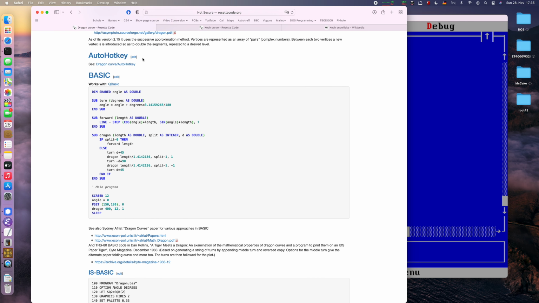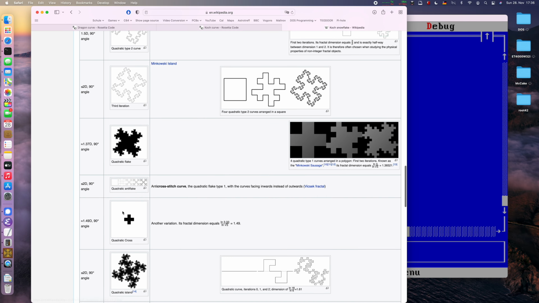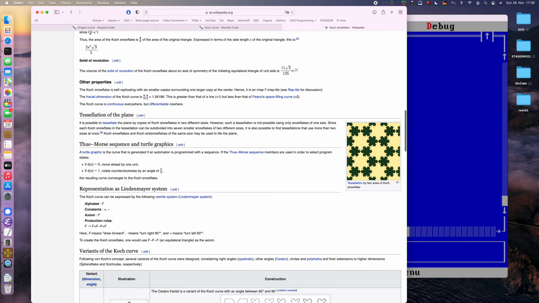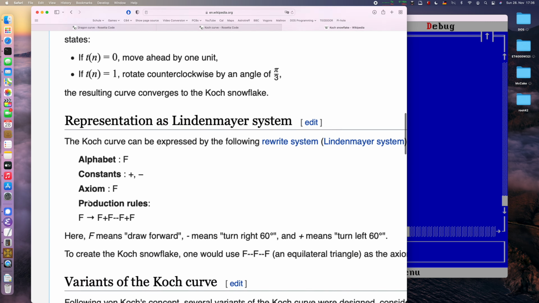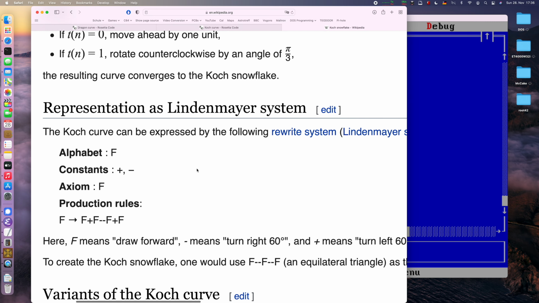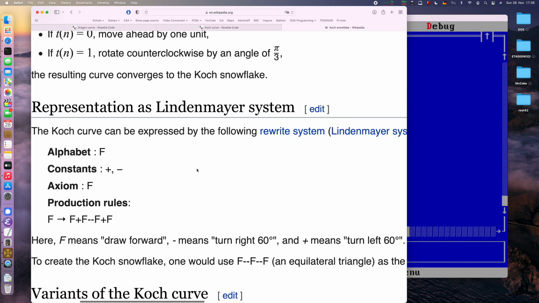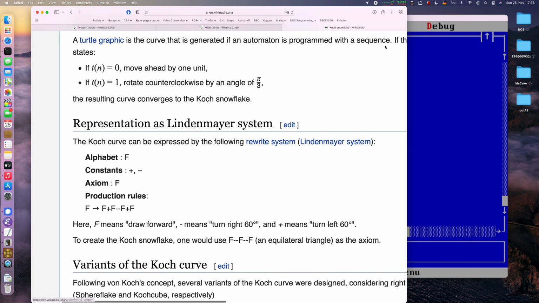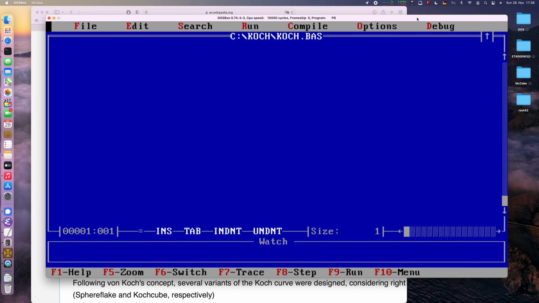So after I finish this, you can take the code and play around with the angles, or you can look up different L system rules and implement those. There are more complex Lindenmayer systems which allow you to draw trees and other organic structures. So yeah, it should be a starting point, and you can do this in BASIC pretty easily.